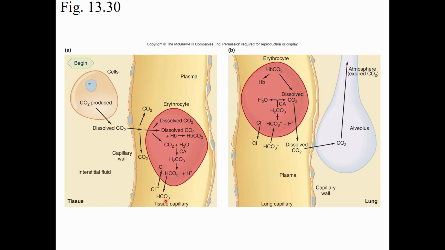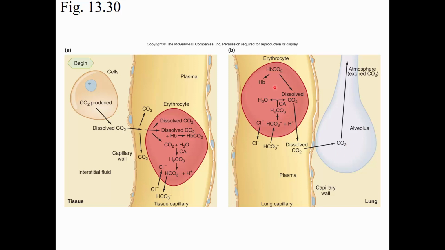It shifts out of the cell and chloride shifts in. It's called the chloride shift. And then the opposite thing happens at the lungs. As CO2 is exhaled, we're pulling out dissolved CO2. We're pulling CO2 off of hemoglobin. That little hydrogen can come along and bind to a bicarb. It goes backwards with the help of carbonic anhydrase to make CO2, which we can continue to exhale.